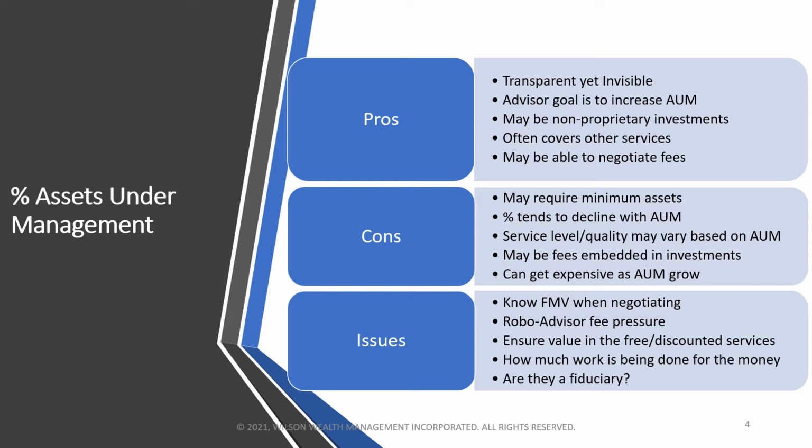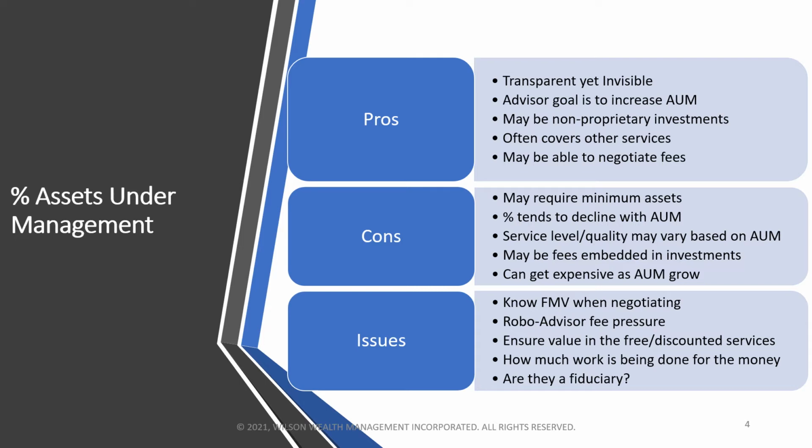Another advantage is that you can negotiate fees to some extent. And that's where I mention the flexibility on the terminology. Maybe I've only got a portfolio of $1 million with RBC, and they're charging me 1% for that.